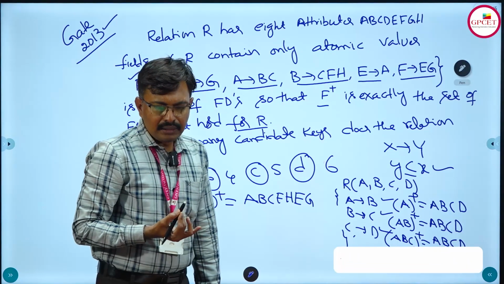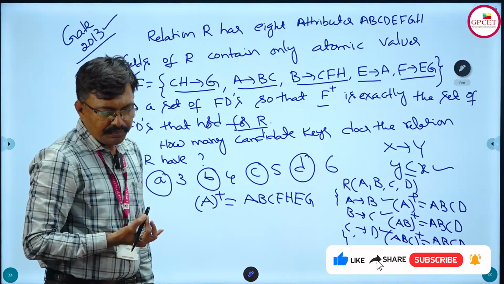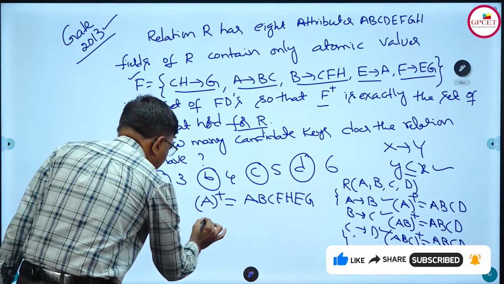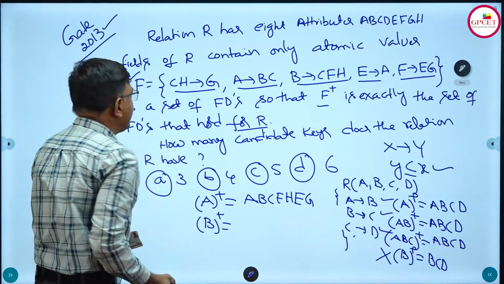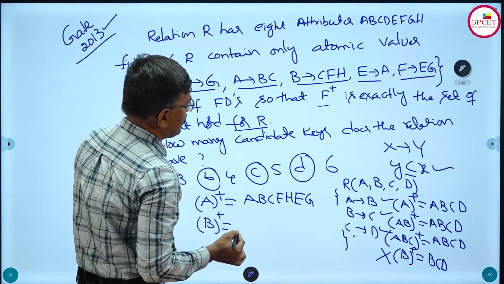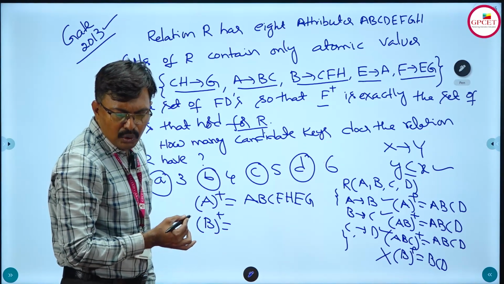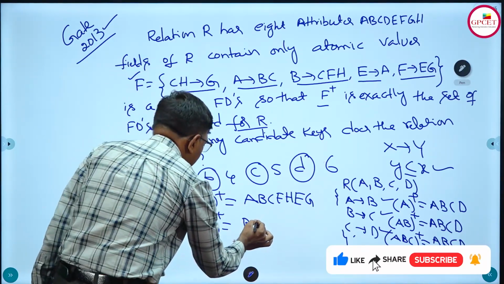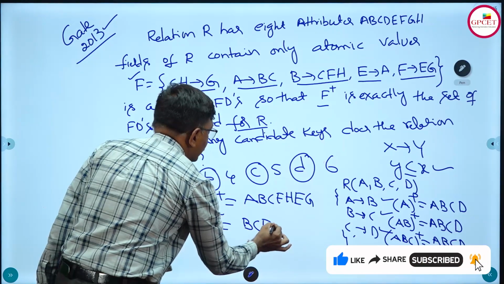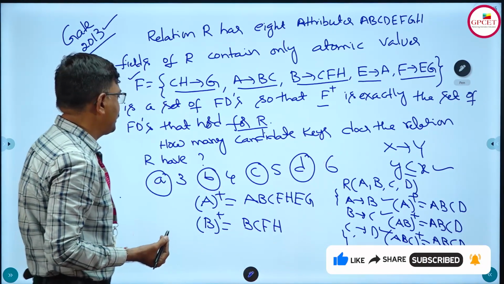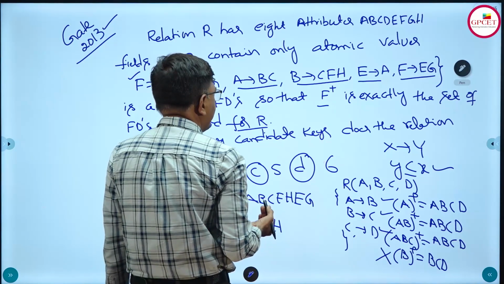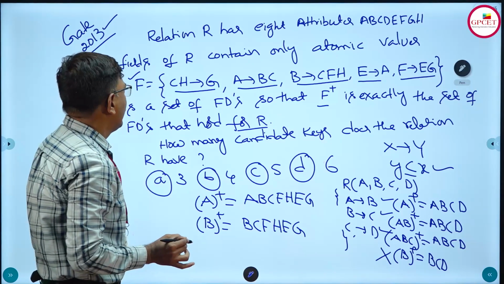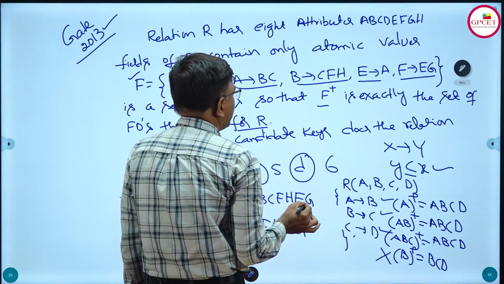A closure holds. And what is the next one? B closure. What is a B closure? B closure means B. B derives C, F, H. And here F, E, G. What is the next combination?